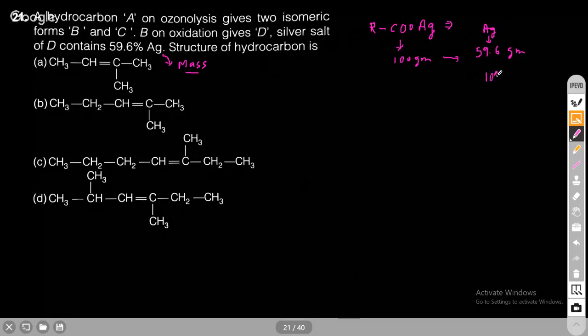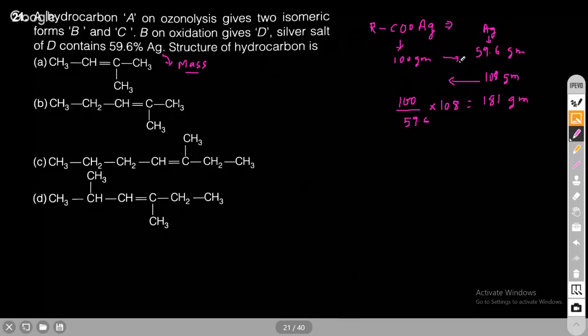So for 108 gram of Ag, what should be the mass of this salt we have? Which is nothing but 100 divided by 59.6 into 108. When you solve this, you will get 181 gram.